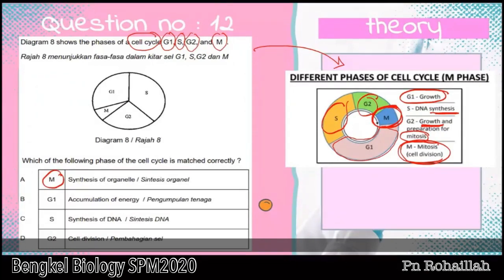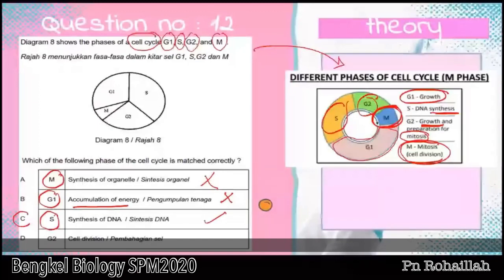No, so salah. G1 is the accumulation of energy? Tak ada pun kaitan. G1 is the growth. So salah lah. S, synthesis of DNA. Yes, betul. So the answer is C. G2 cell division ni salah lah. Cell division dekat M phase. Boleh?